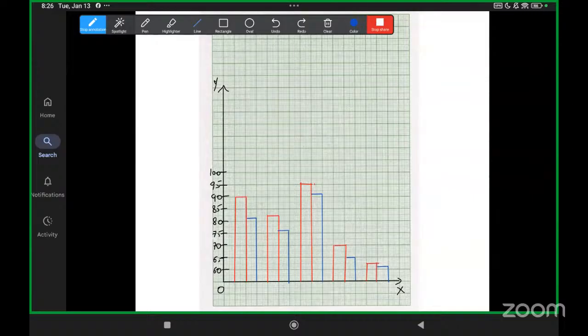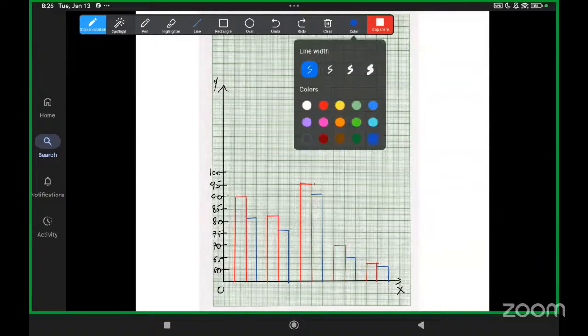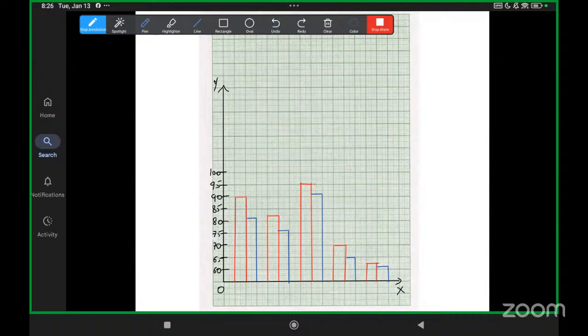Now write here 6th, 7th, 8th, 9th, 10th. On this side, we will write number of students.